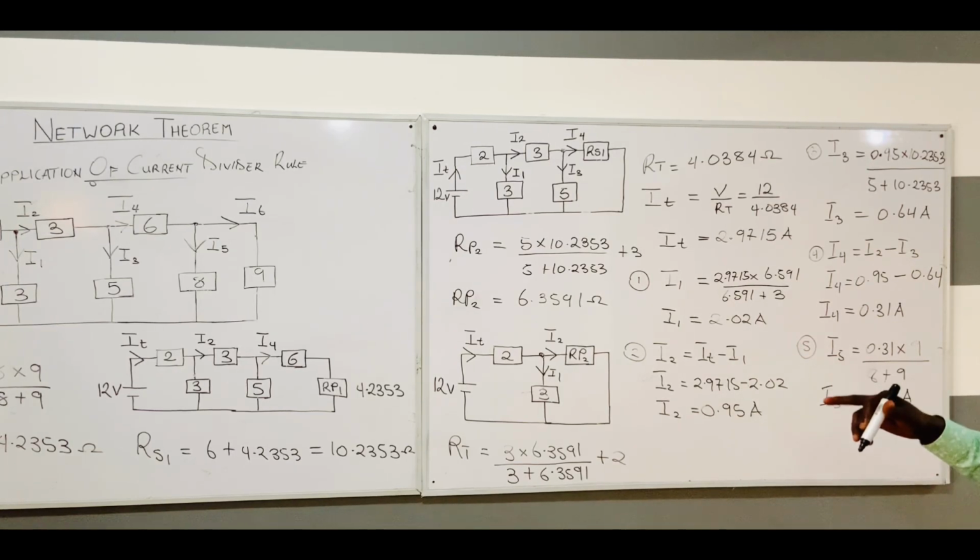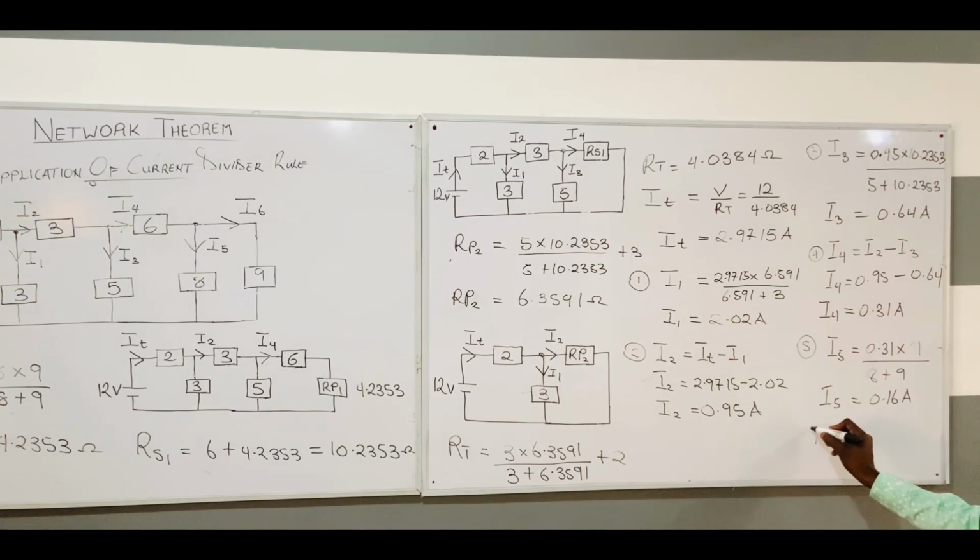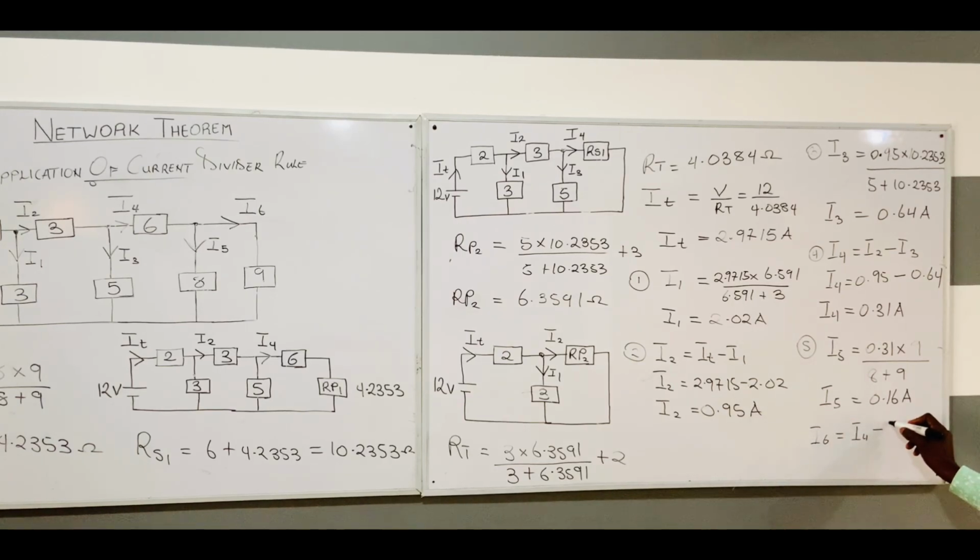So now we have been able to find almost all the currents. I think we are left with I6. To find I6, we can also use current divider rule, or we just subtract. So I6 is our I4, which is the supply current, minus our I5, the one we just calculated. What is the value of I4? This one.